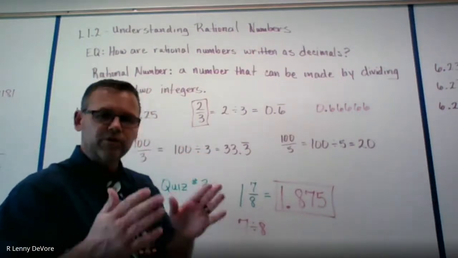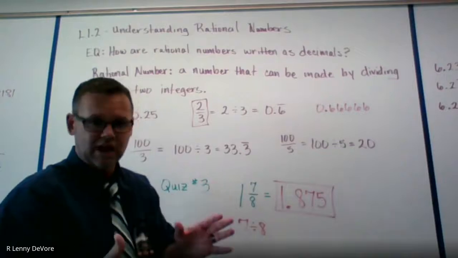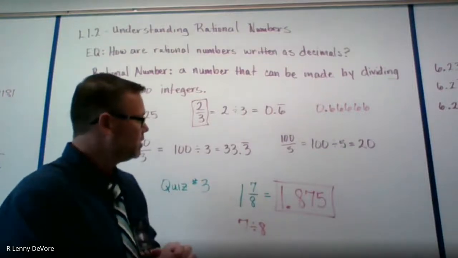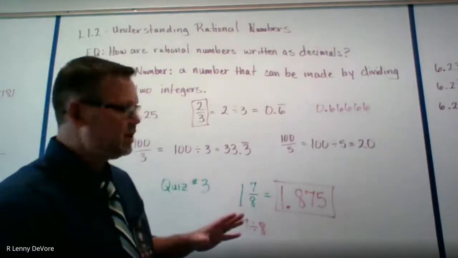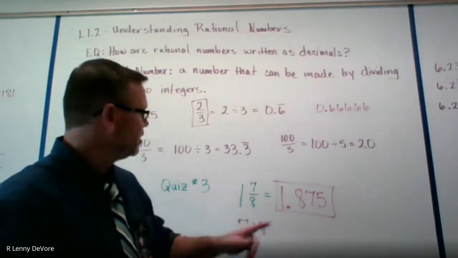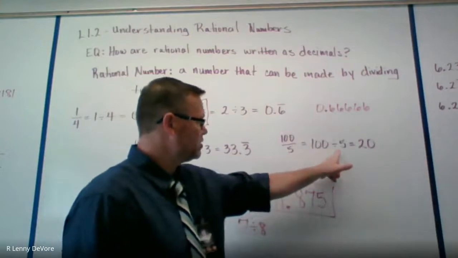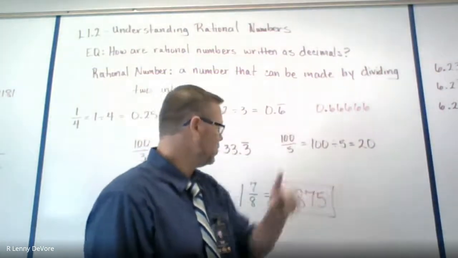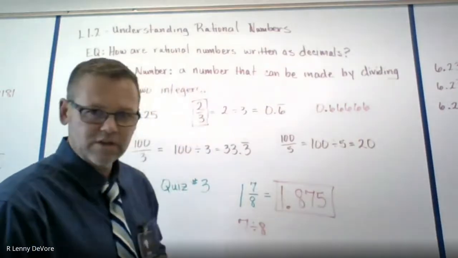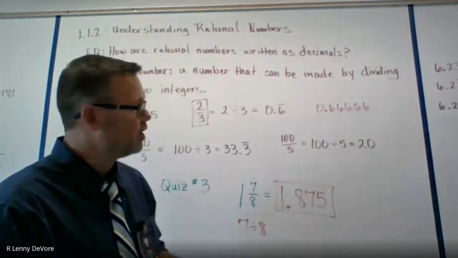We know that that is a repeating decimal. Then we have ones that are just a whole number: 100 divided by 5. If you put that in a calculator, it's simply 20. So that's what we're looking at so far.